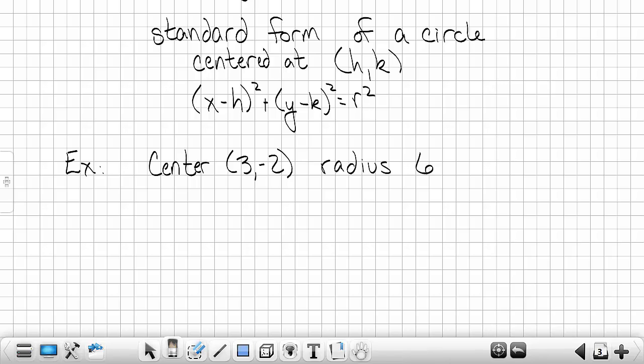All we're doing is using this formula right up here, and we're plugging it in. Okay?